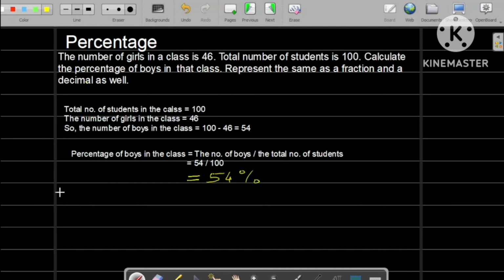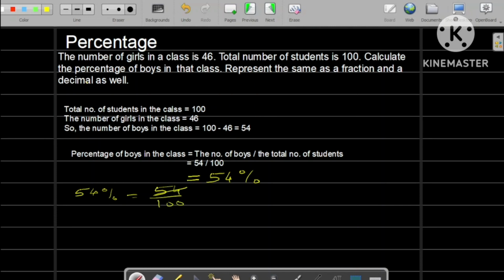Now they have asked us to represent the same, that is 54% has to be converted into its fractional equivalent and the decimal equivalent as well. So the same thing, the concept that we had learned earlier in today's class, we will be applying that. 54% is nothing but 54 by 100.